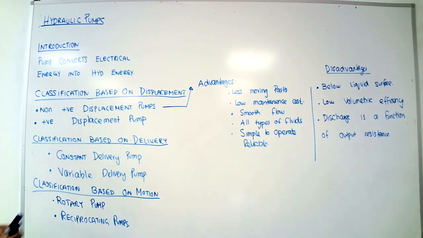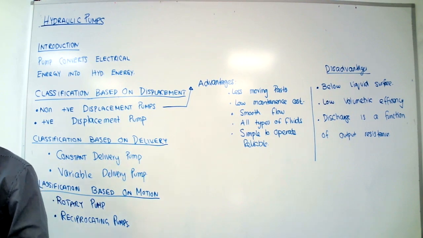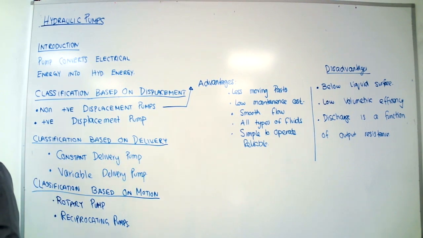Most of the pumps actually fall under positive displacement. Now, when we talk about positive displacement pumps, they are characterized based on the type of motion of the pumping element. They are classified based on displacement characteristics, and based on the type of pumping element, what they are pumping.